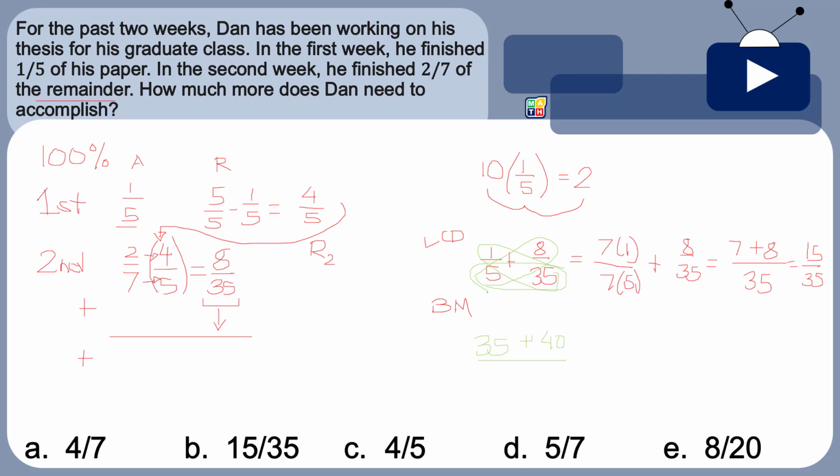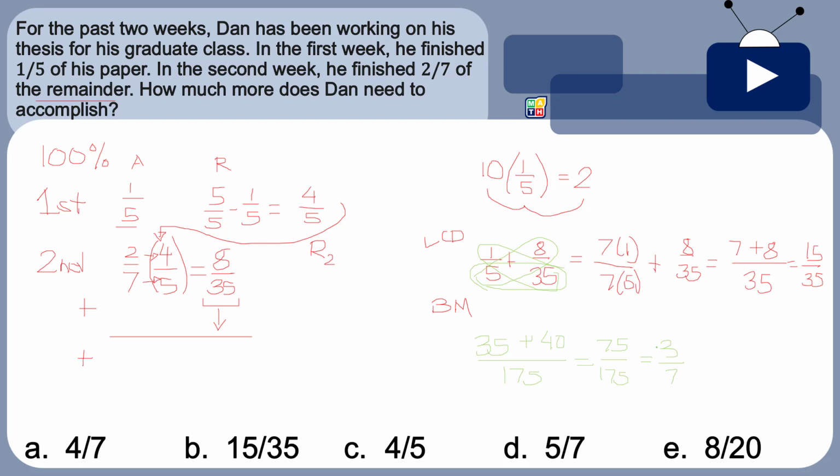So 5 times 35, that's 175. Which gives us a result of 75 over 175. Divided by 25, or in simplest form, that's actually 3 over 7. Right? 3 over 7.